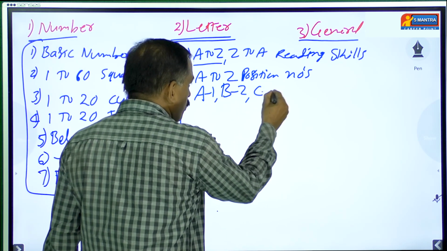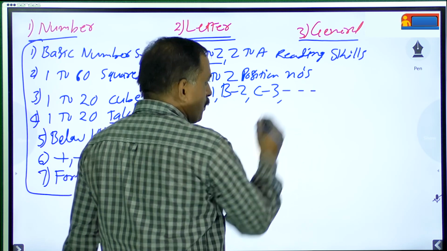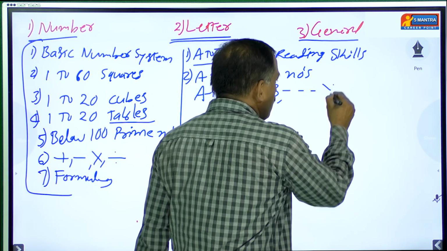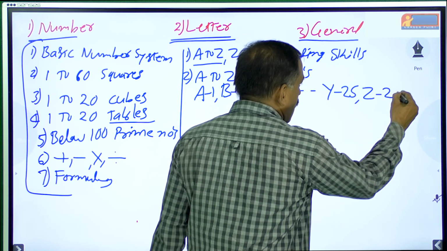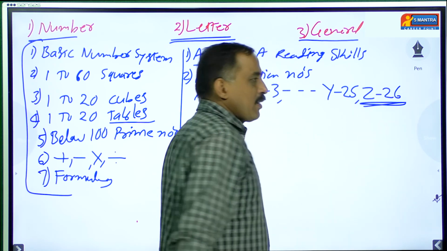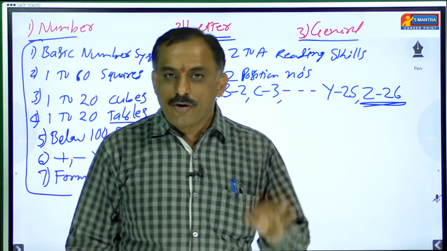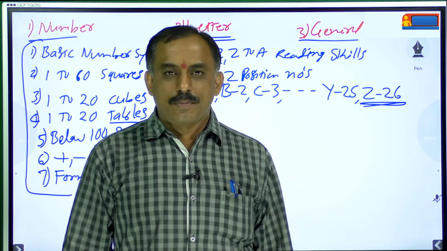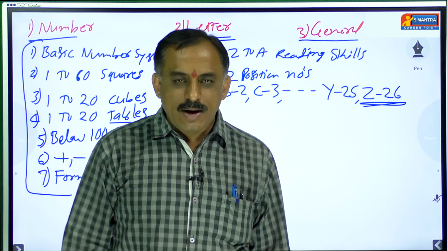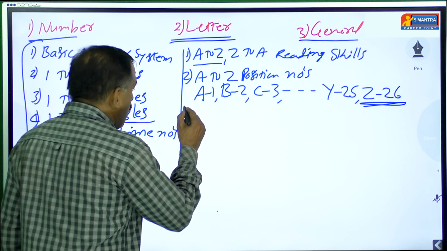Its position is 2. C is the third letter. Its position is 3. And Y is the 25th letter. Its position is 25. And Z is the 26th letter in English alphabets. Therefore, Z position number is 26. You should know the alphabet's position number from A to Z.